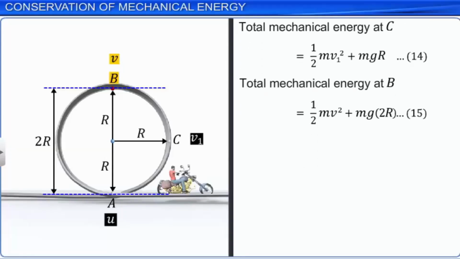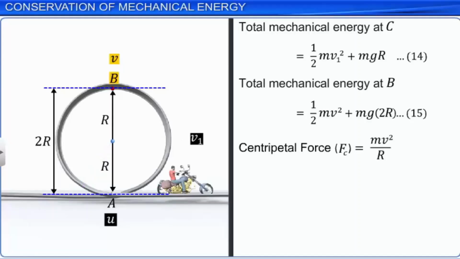As the individual moves on the bike, which together is considered a system, in the circular path, a centripetal force Fc, denoted by mv square by r, acts on the system. At position B, weight mg and normal force Fn provide the necessary centripetal force.